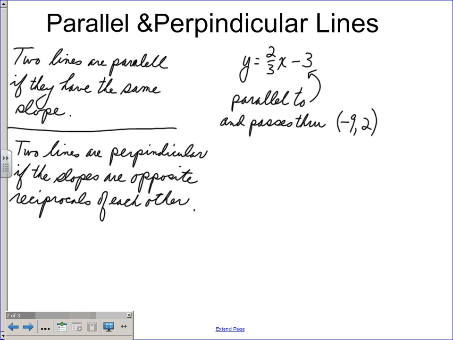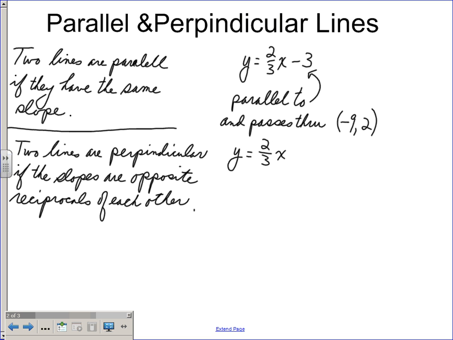Okay? I need a starting point. Where do I start? Perfect. If it's going to be parallel, the slopes will be the same. Y equals mx plus b.